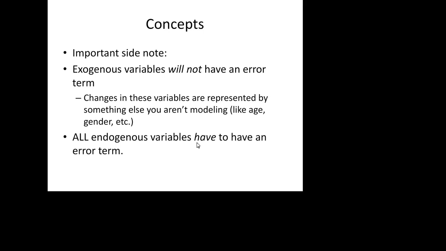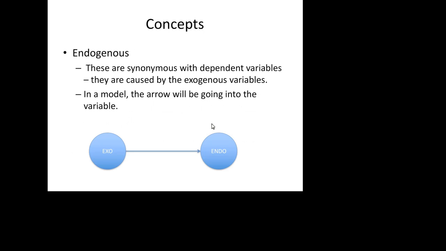So we don't have error on X's. Endogenous variables in general are dependent variables. They're caused by the exogenous variables, and they have an arrow coming into them.